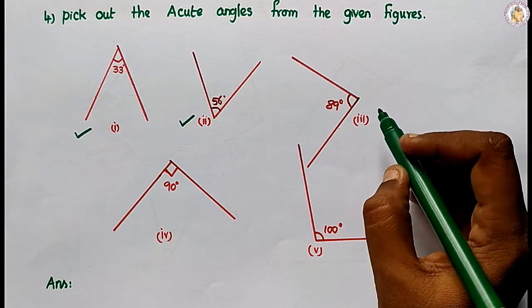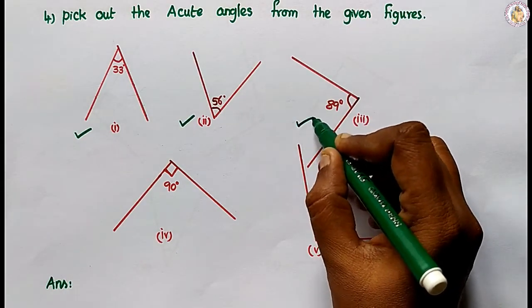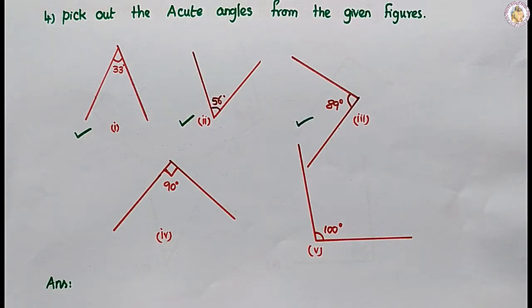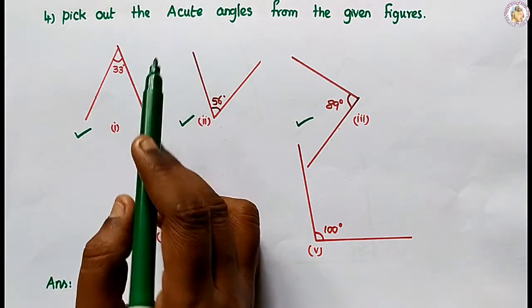And 89, that is also less than 90°. 1 degree is difference. So that is also acute angle. And then 90°. 90° means right angle. 100°, that is above 90, so that is obtuse angle. So we have to pick out acute angle only.